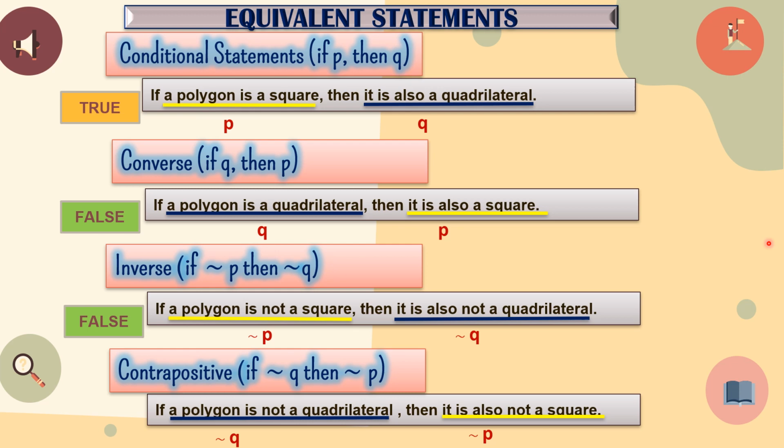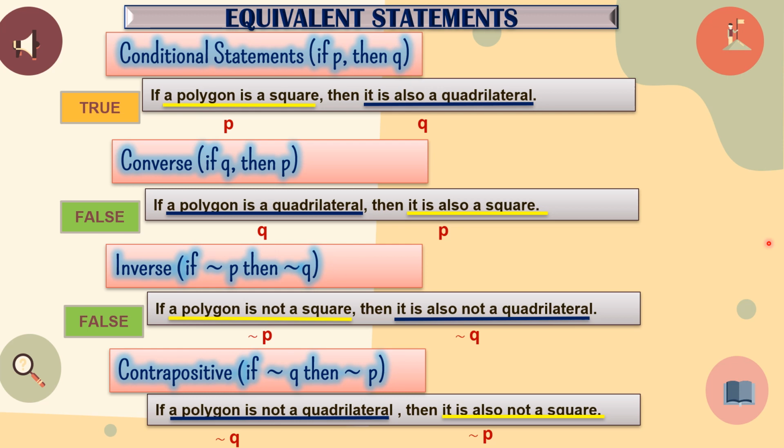Kasi, sabi ko nga kanina, hindi lang naman square yung quadrilateral. May iba pa tayong klase ng quadrilateral, katulad ng rhombus, trapezoid, parallelogram, at rectangle. So, mali po yung statement na yun.